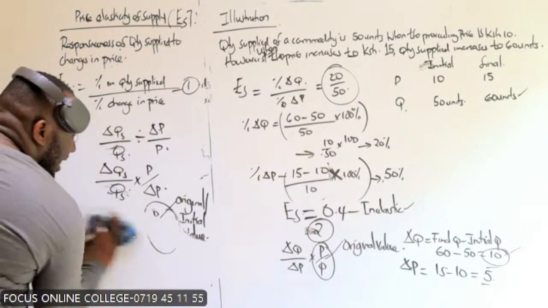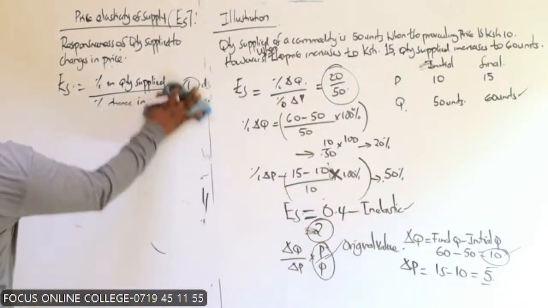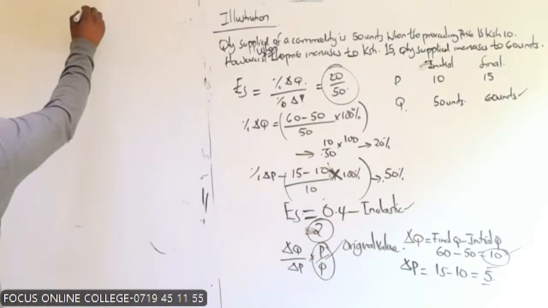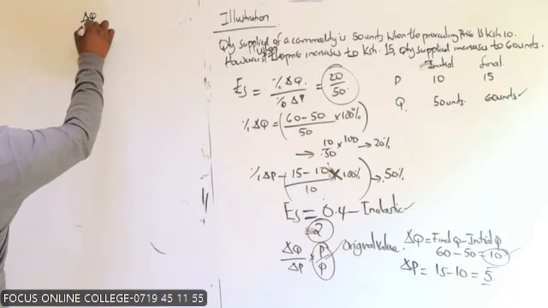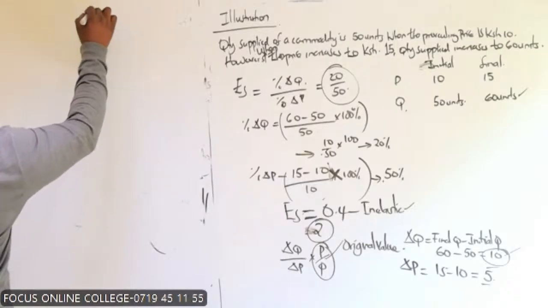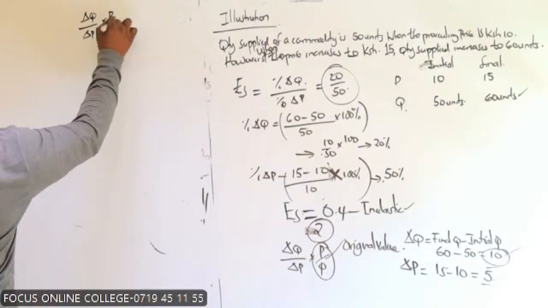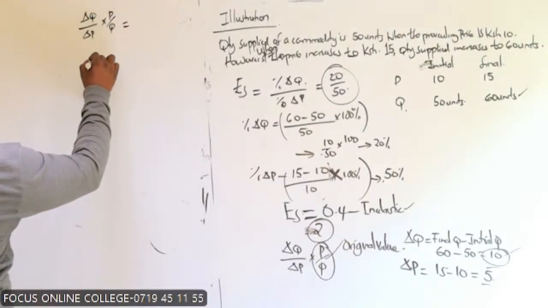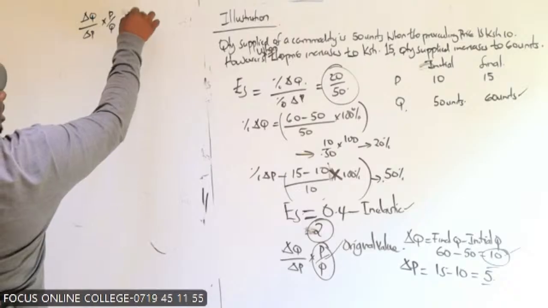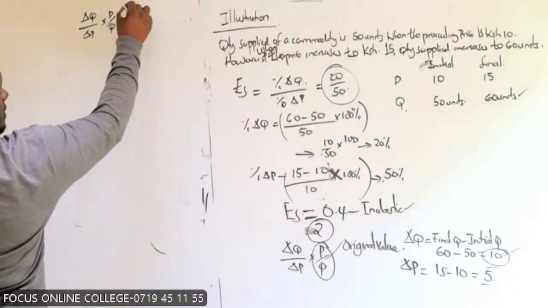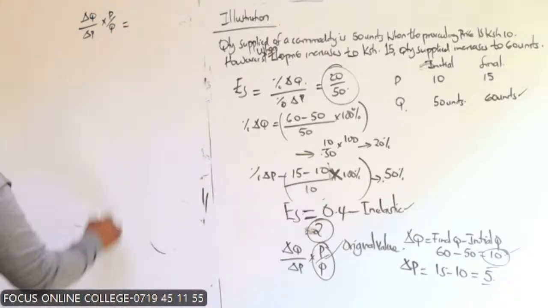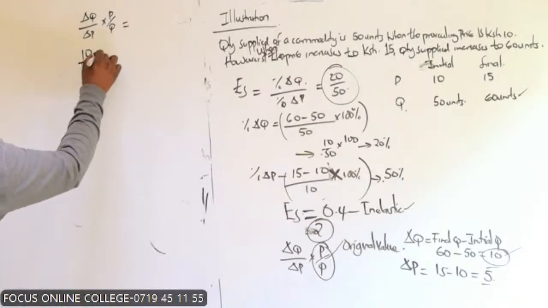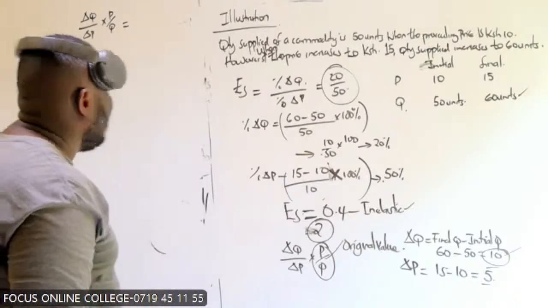So we come back to our formula. The formula was saying change in Q over change in P times P over Q. Change in Q was 10 over 5 times initial P. What is the initial P?